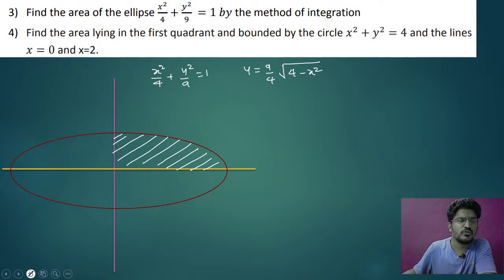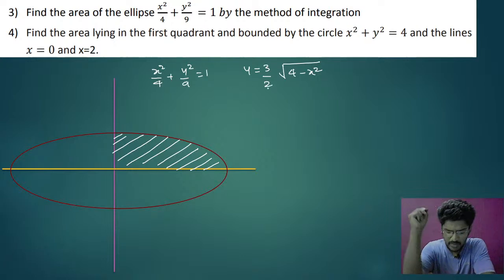By applying root, 9 by 4 will become 3 by 2. So y equals 3 by 2 square root of 4 minus x square.